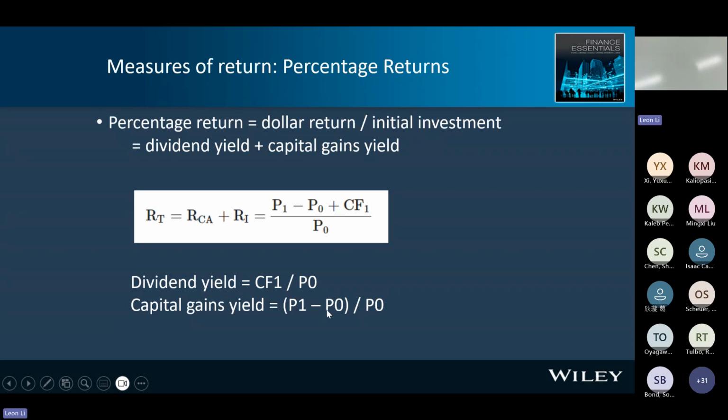And CF1 over P0 is the dividend yield. Yield is a terminology in finance. Yield for me is a return, a percentage return. So we have the percentage return of dividend and the percentage return of capital gain. So this is a measure of return.